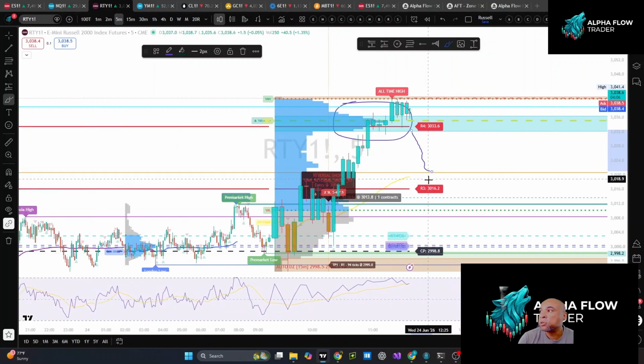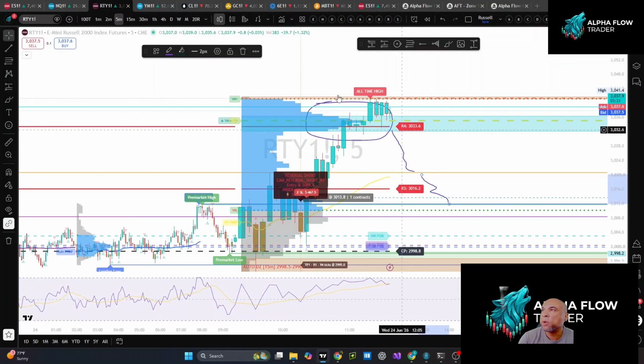And if I had to choose a second target, it would probably be down to the next high volume node, or actually we have London high and pre-market high stacked up here as well. So my second target can be right here. And that should definitely give us a decent risk to reward, depending on where that candle closes.